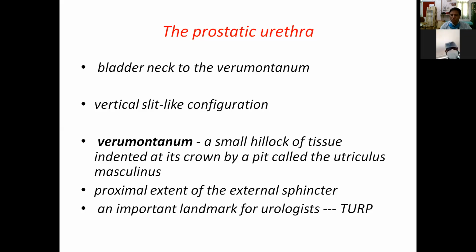So this very small muscle, located in the wall of the membranous urethra, is very important. It is a skeletal muscle and gives voluntary control of urine. If you want to stop the urine, you contract and close the membranous urethra by contracting the external sphincter. So this is a very important landmark, and you should not damage it.